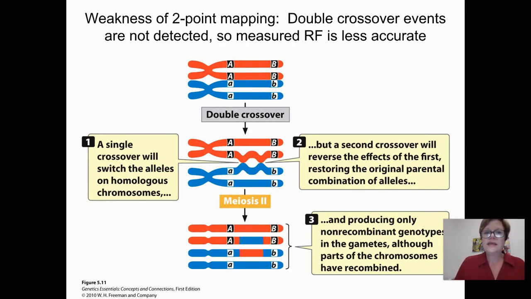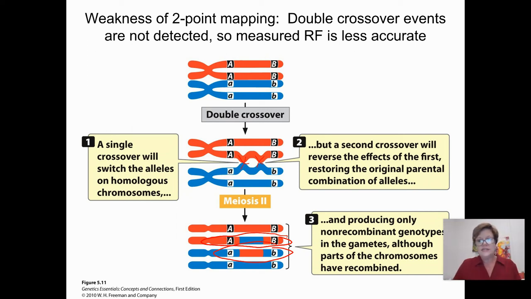So this, like I said, is called 2-point mapping, when you do a dihybrid cross to a completely recessive individual and determine the distance between two genes. The problem with 2-point mapping is that sometimes you will get double crossovers between the two genes, not very often, but sometimes, and they're not detectable in the offspring because it ultimately creates a parental allele combination.